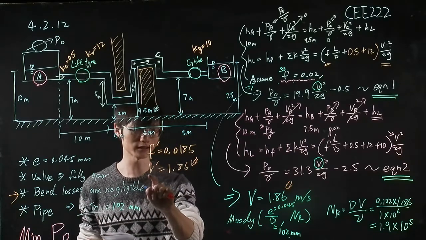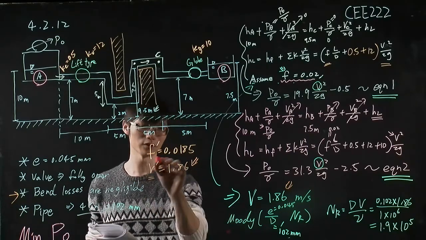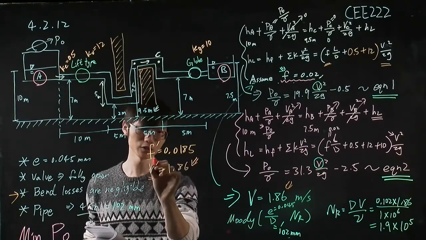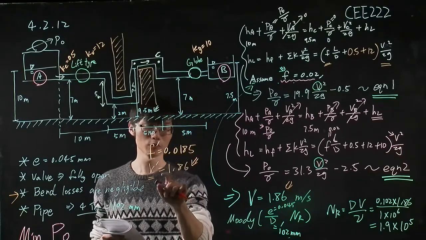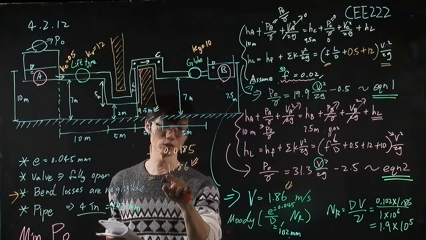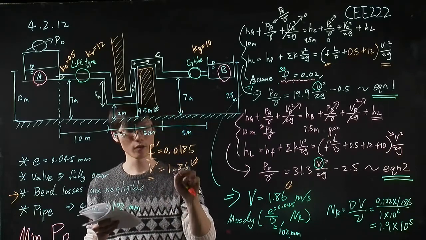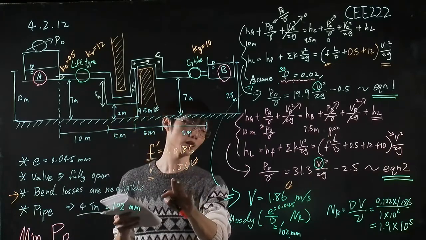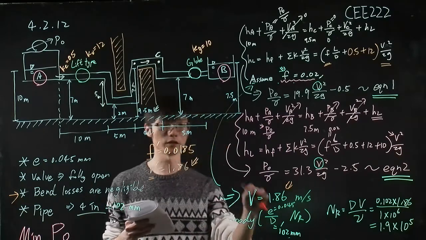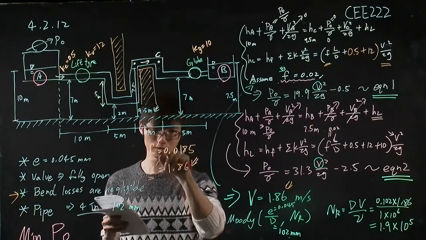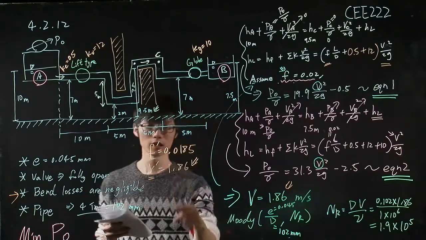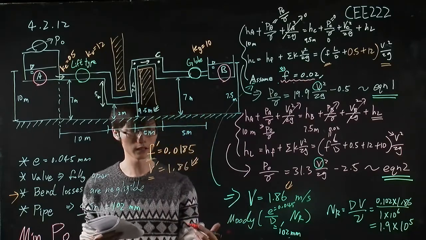If we assume that's the new velocity that we found using this new factor from the Moody diagram, the new velocity is equal to 1.86, and again we can use this new velocity to check with the Moody diagram and verify that this F plane is correct, is valid.